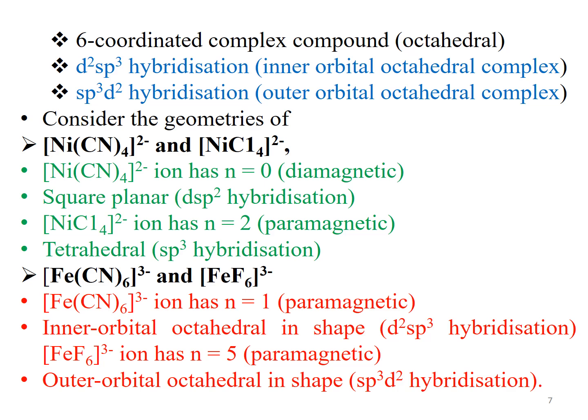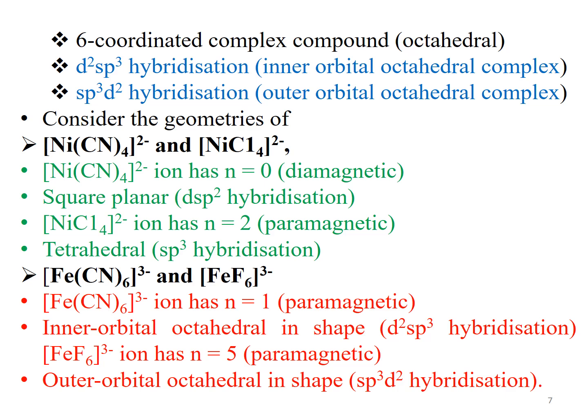In valence bond theory, there are two possibilities that are dependent upon the strength of the ligand. If the ligand is strong, then it will pair up electrons in the d subshell, and there are fewer unpaired electrons, and the metal will use its inner orbital for hybridization, and that type of hybridization is known as dsp2.